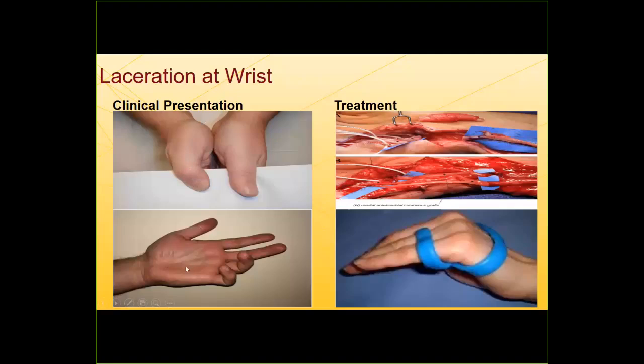Why do you think in this particular injury down here the hand is posturing like this? We just talked about the extensor mechanism and the action that the lumbricals and the interossi take on it. So why do you think the hand is posturing in a claw like this when the ulnar nerve is injured?